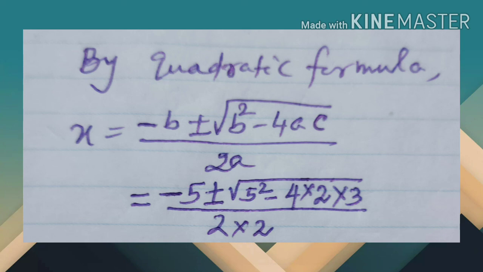This implies that x is equal to minus 5 plus or minus square root of 5 square minus 4 into 2 into 3 whole divided by 2 into 2.